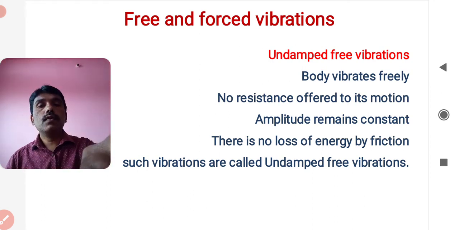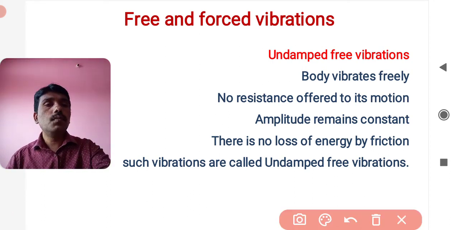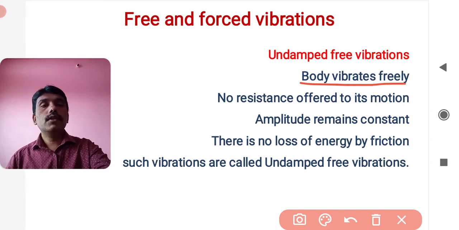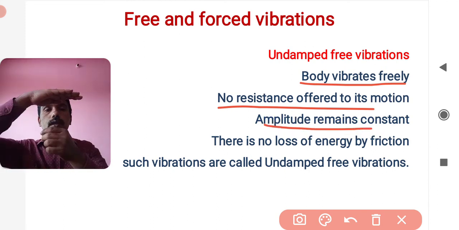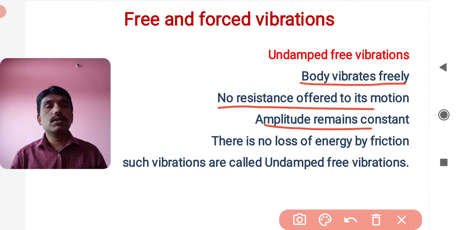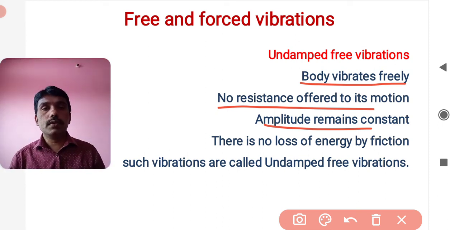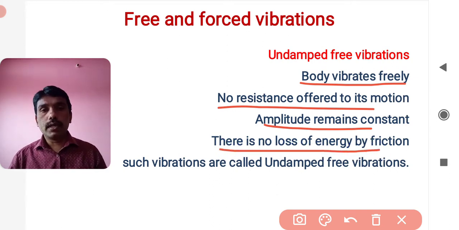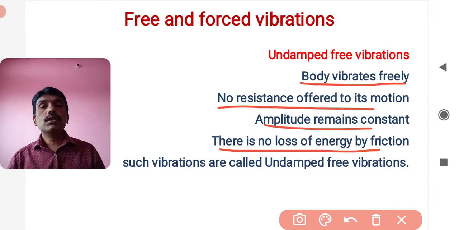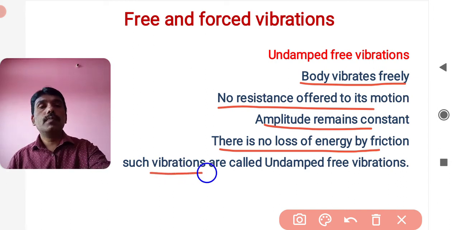And that's why we can say the body vibrates freely. Again, there is no resistance offered to the motion. The amplitude remains constant. What is the amplitude? It is the displacement I have given from the mean position, and that is going to be constant. There is no change in the amplitude. Similarly, there will be no loss of energy as there is no friction. Such types of vibrations are called undamped free vibrations.